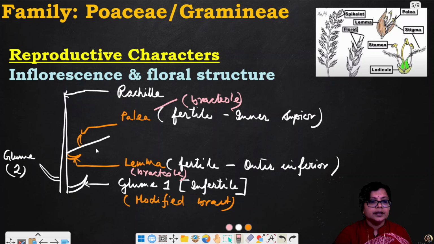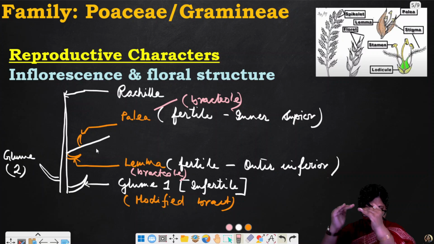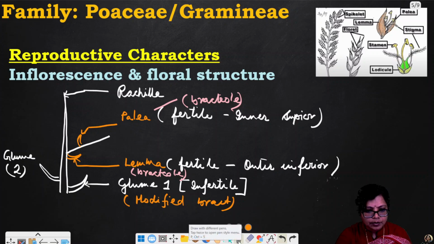Now in the members under the family Gramineae or the Poaceae, flowers are hypogynous. That means ovary is superior, so the other whorls are present below the ovary. So here we find perianth in a modified manner. The tepals are modified, called lodicule.